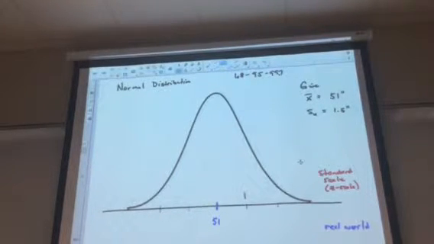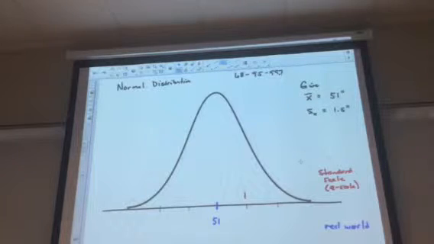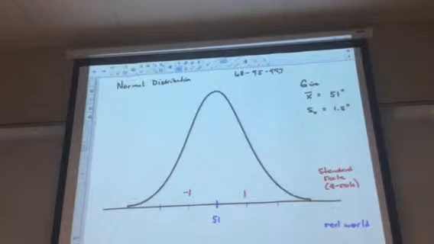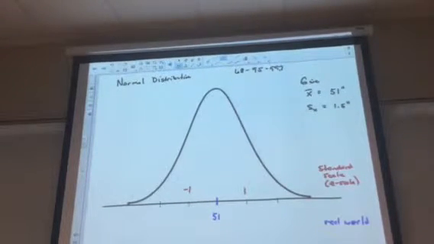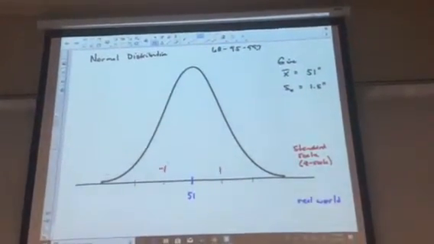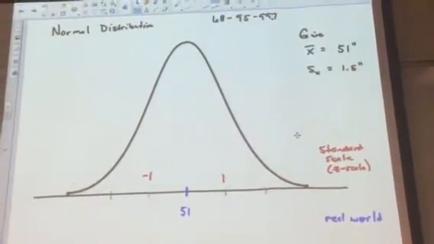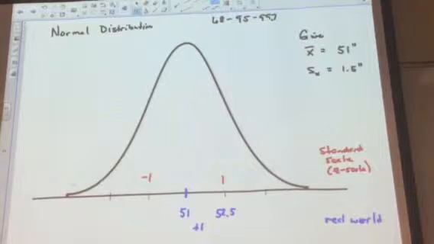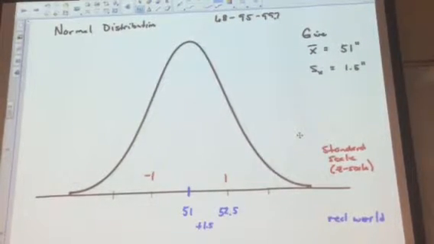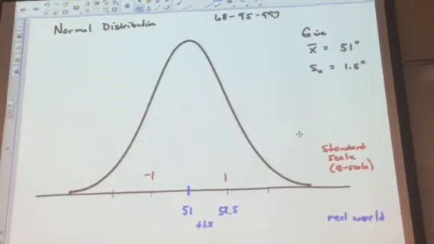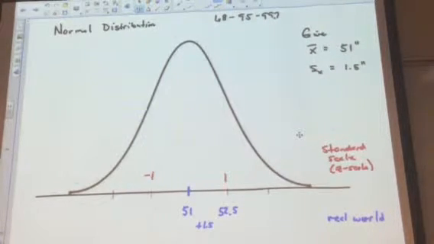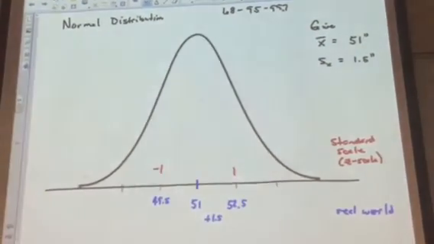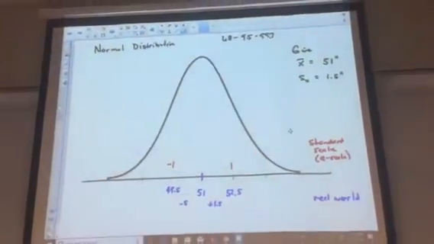So 1 full standard deviation and -1 standard deviation, forward, backward, so to speak. That would mean that if I were 1 standard deviation of height greater than 51, I would have to have a height of 52.5, because I would need to add a 1.5 sized step to get to that first point. If I were shorter than average, then I would have to subtract a 1.5, which would put me at 49.5, because I'm moving in a negative direction back here.